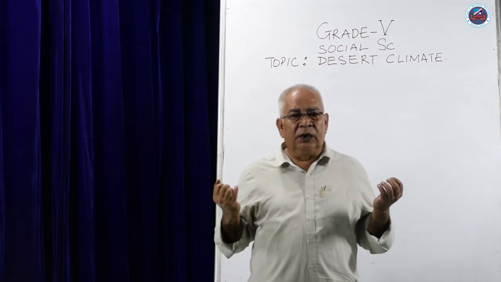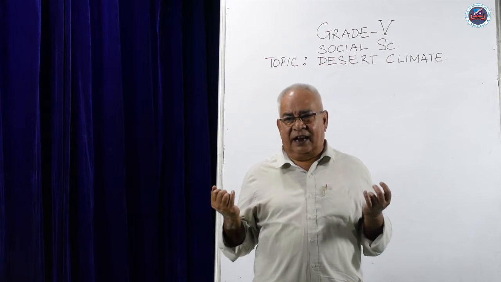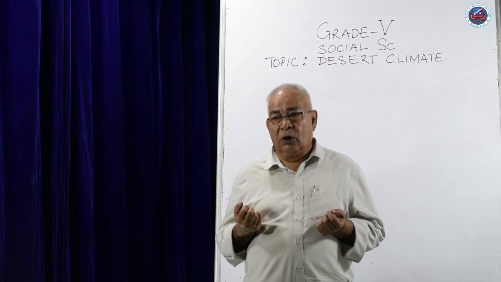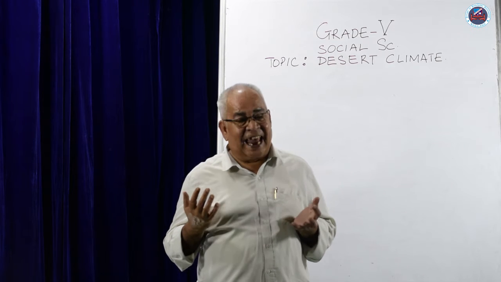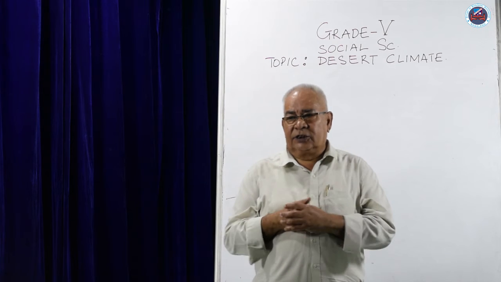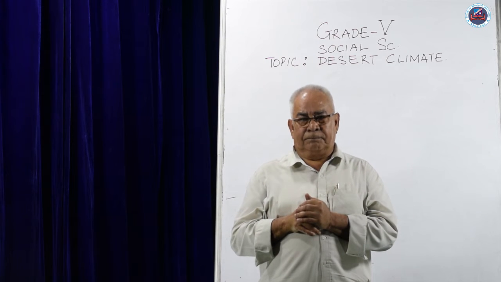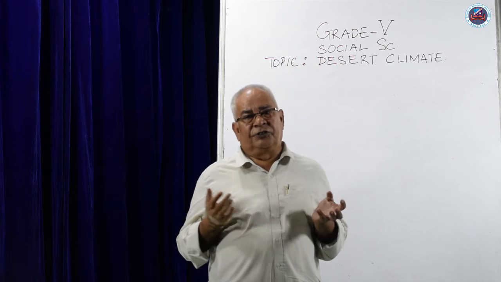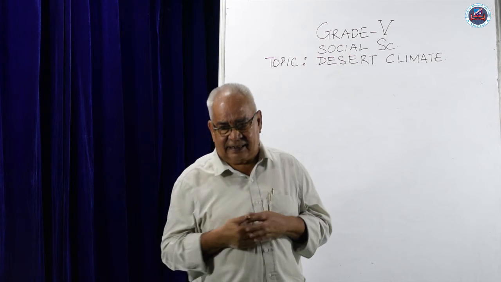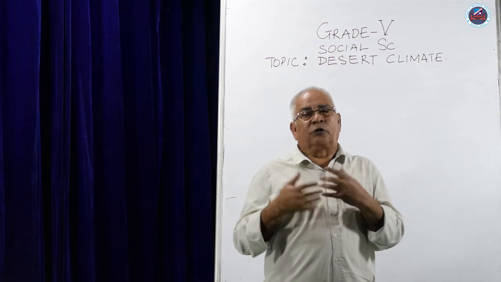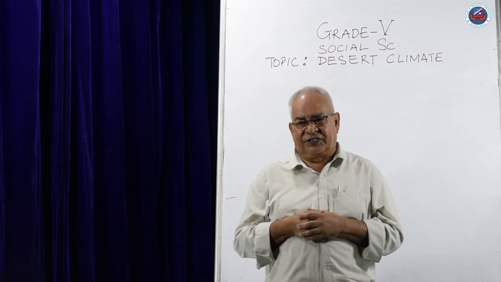Now, how do we know what deserts are like? We know that there is a desert because of their sandy and dry soil and sparse vegetation. Sand dunes are also the common feature of a desert. Now let us talk about the vegetation or the flora, which we say.